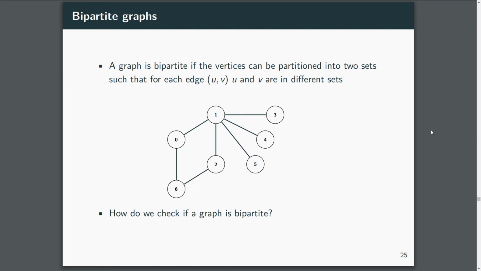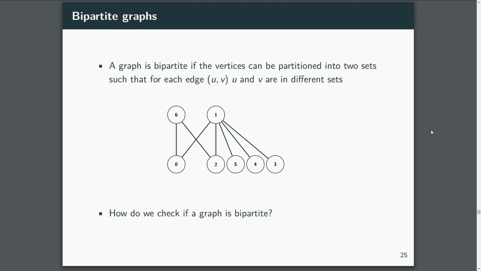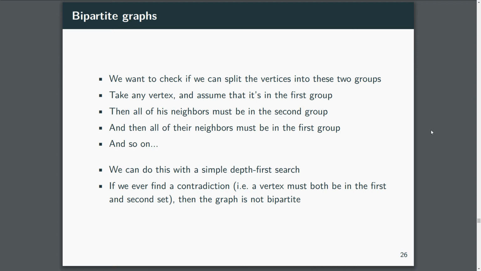Okay, so how do we check if a graph is bipartite? Let's move the vertices here. So now this is usually how we draw bipartite graphs. One set on one end and one on the other. So now you can see here, this is a bipartite graph. So we want to check if we can split these into two groups.